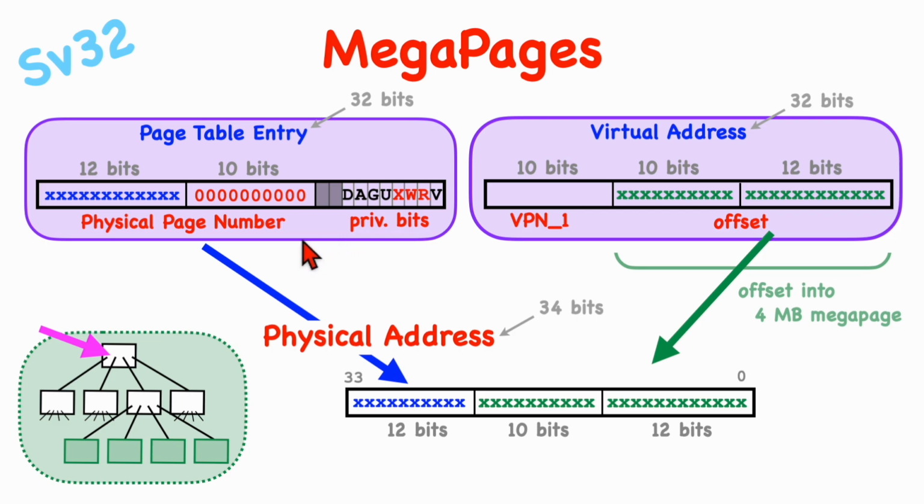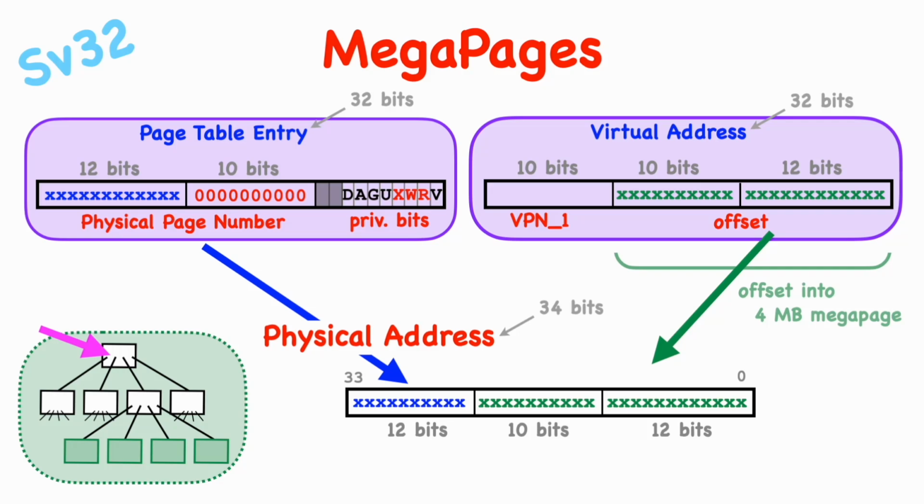First, the memory management unit will check the page table entry. These 10 bits here had better be zeros, and they'll just be ignored. Then, to construct the physical address, the memory management unit will take the upper 12 bits from the page table entry and copy them into the upper 12 bits of the physical address it's building.